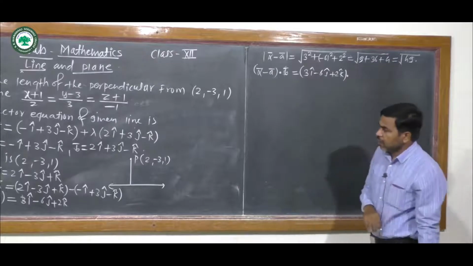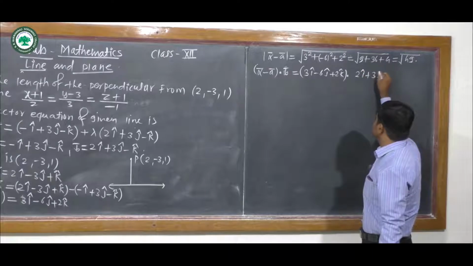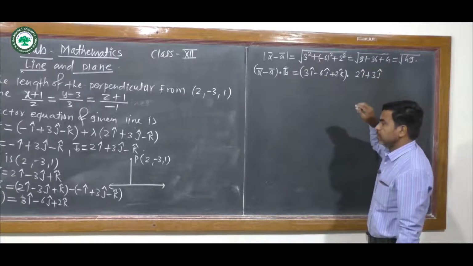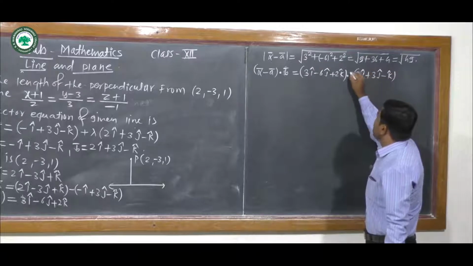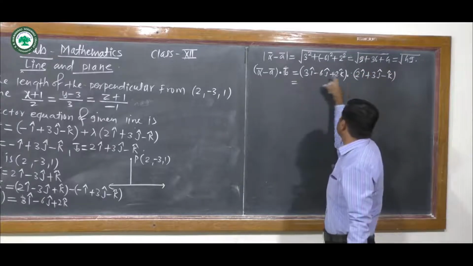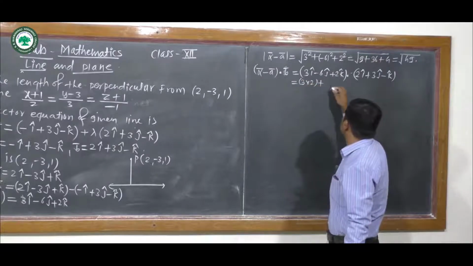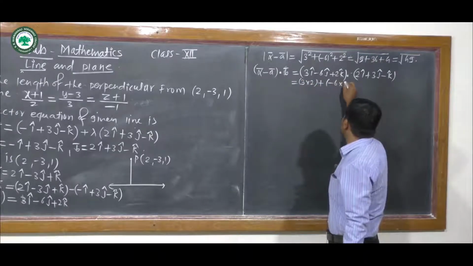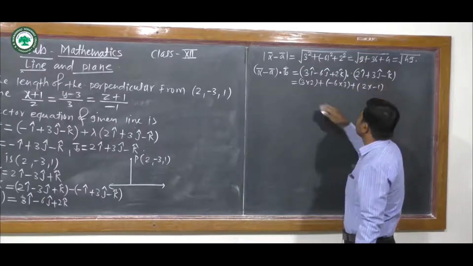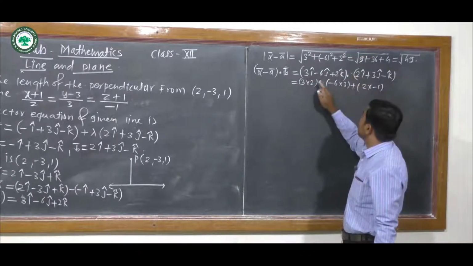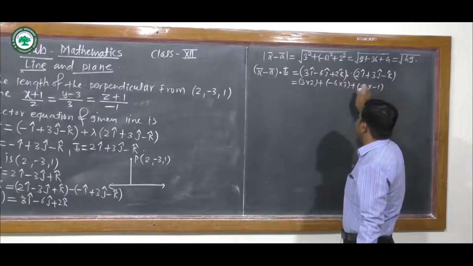What is B bar? 2i cap plus 3j cap minus k cap. So the dot product of these two is equal to 3 into 2 plus minus 6 into 3 plus 2 into minus 1.